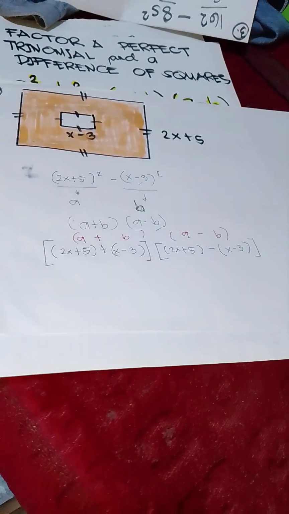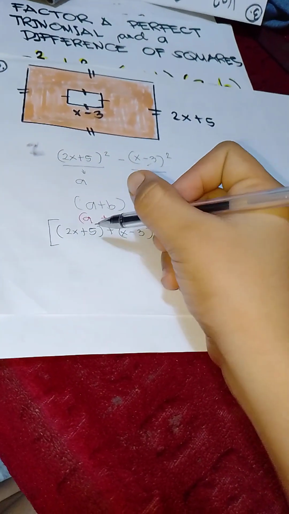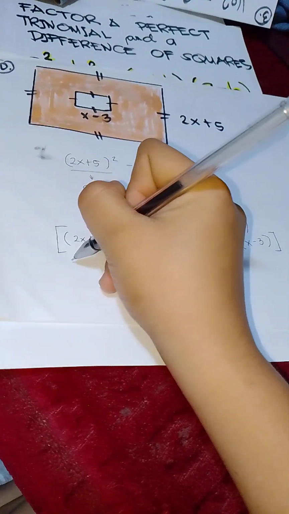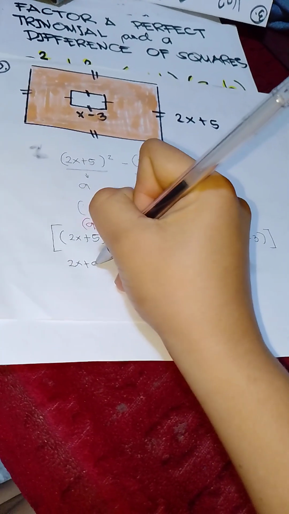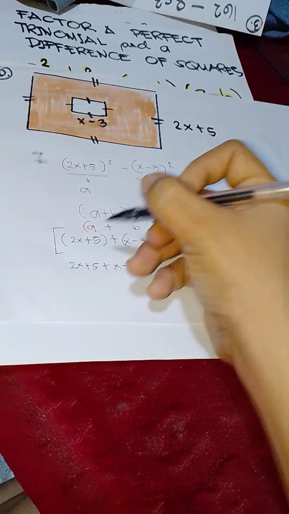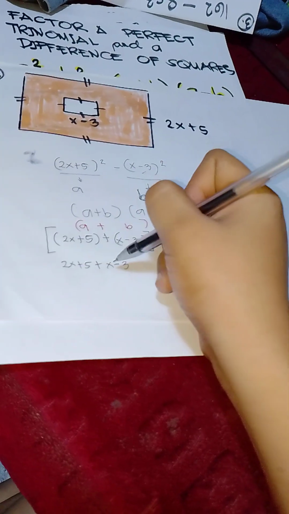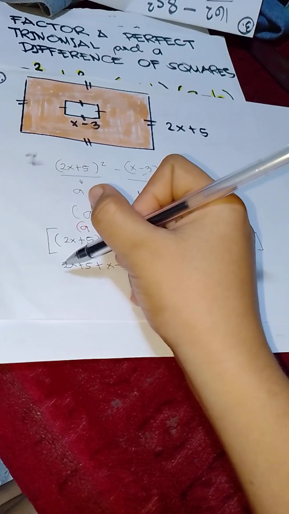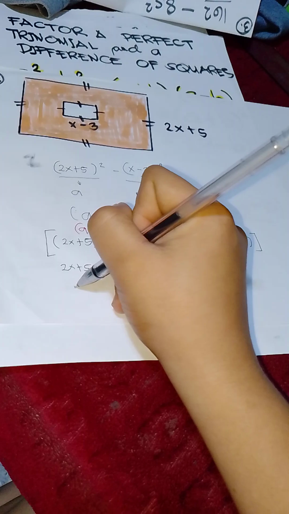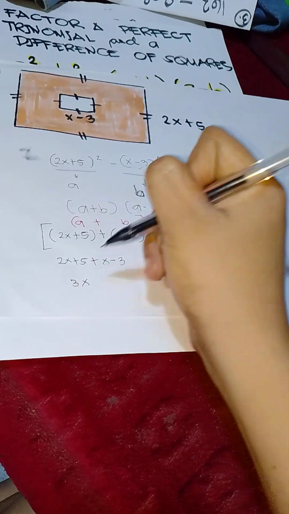So we first remove the brackets. The result is 2x plus 5 plus x minus 3. So we collect the like terms. We have 2x and x. The result is 3x. And we have 5 minus 3.